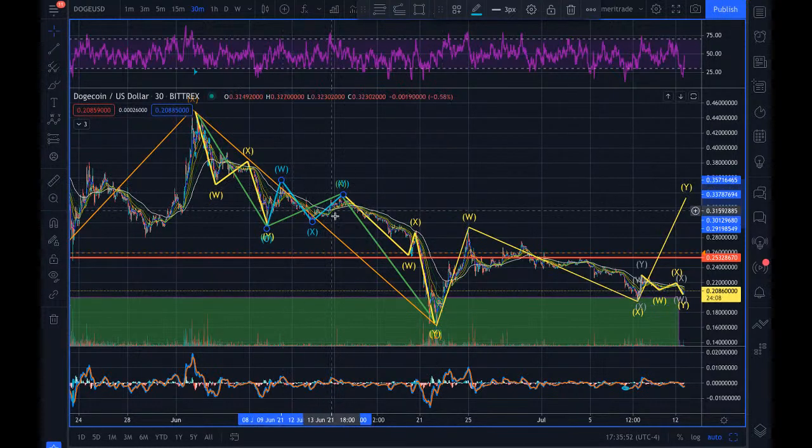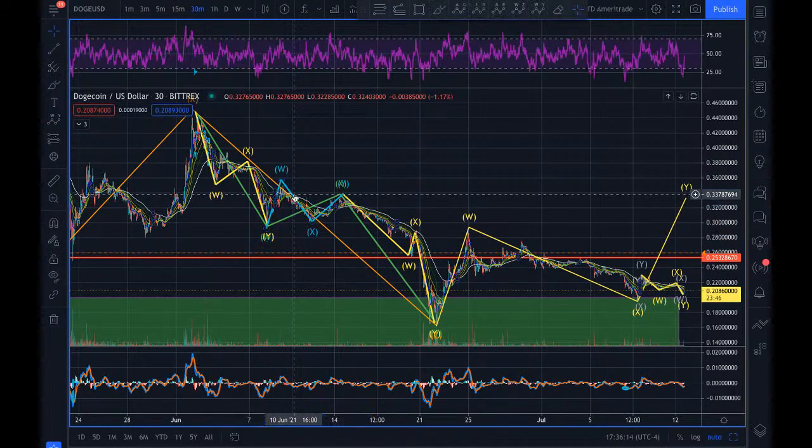And that doesn't mean it's going to happen when you want it to happen. And also, I'm not a licensed financial advisor. Trade at your own risk. But you can apply this to stocks, index funds, anything that you can chart on a chart like this, you can apply these Elliott waves to.